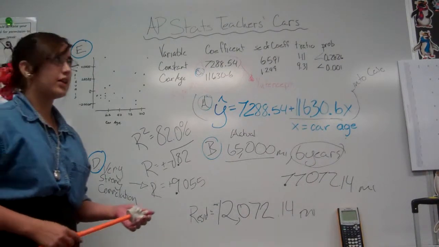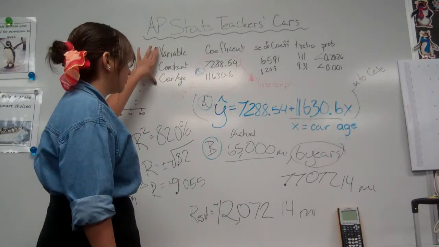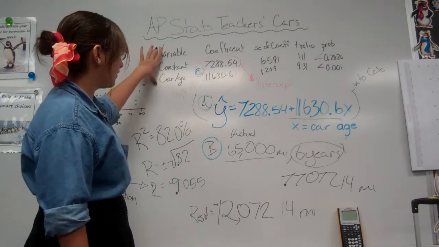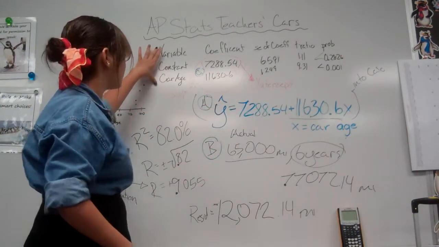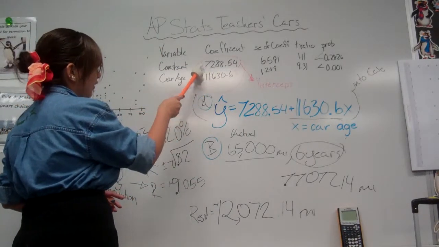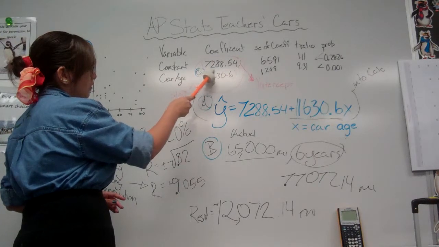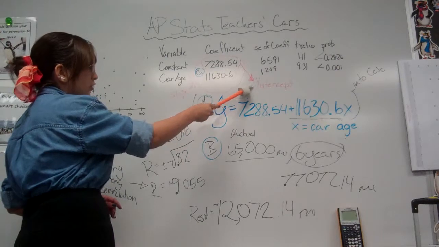Okay, so to answer A, we were given this table up above near where the plots were provided, and we don't need most of it. The only things we need are right next to the constant and car age. The top number we are given, 7,288.54, is our y-intercept.